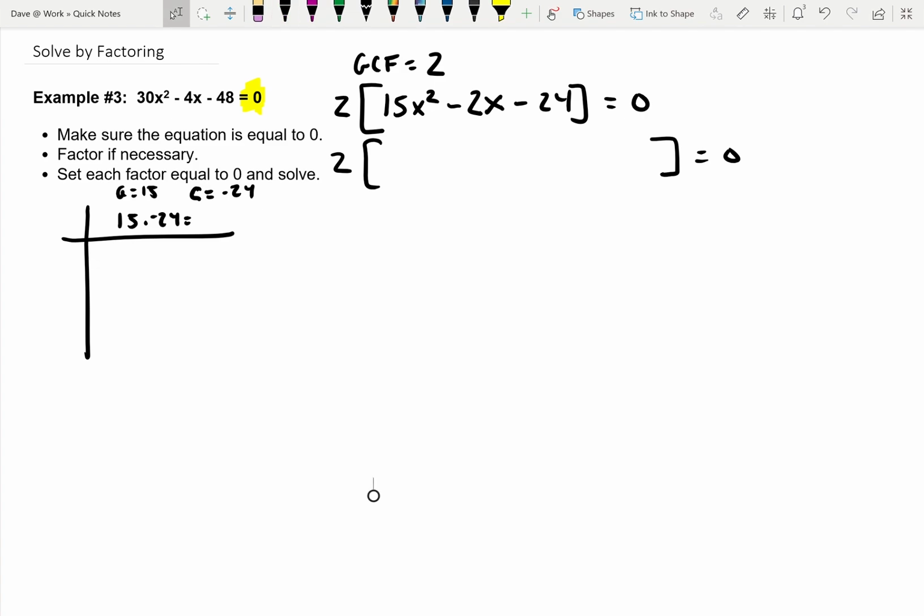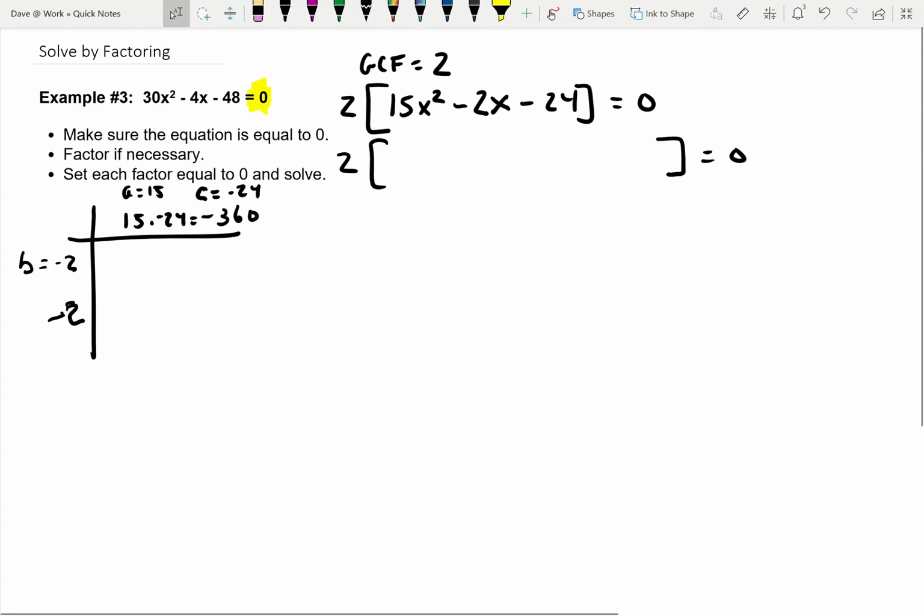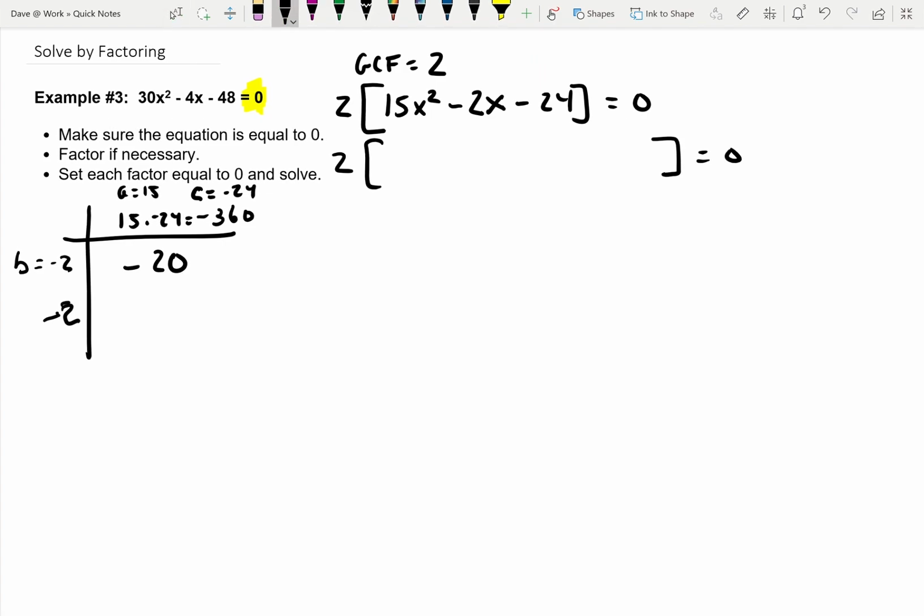If I figure out that my B is negative 2, I'm going to look for two numbers that add up to negative 2. And having done my work ahead of time, I found one number to be negative 20, and I found another number to be positive 18.